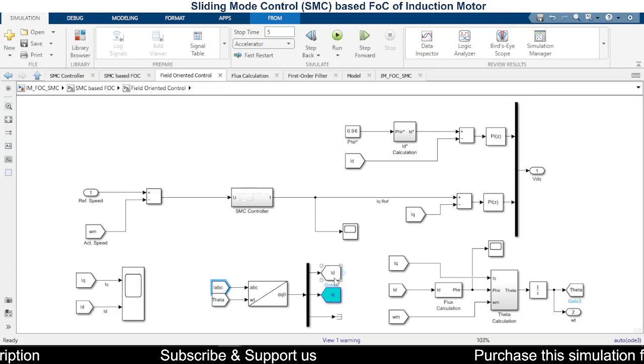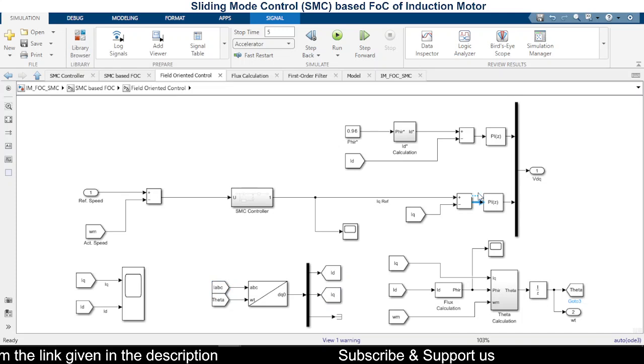ID will be compared with reference ID, and IQ will be compared with the reference IQ. After this comparison, there will be an error. These two errors will be given to the inner PI controller. This is for controlling ID and this is for controlling IQ.